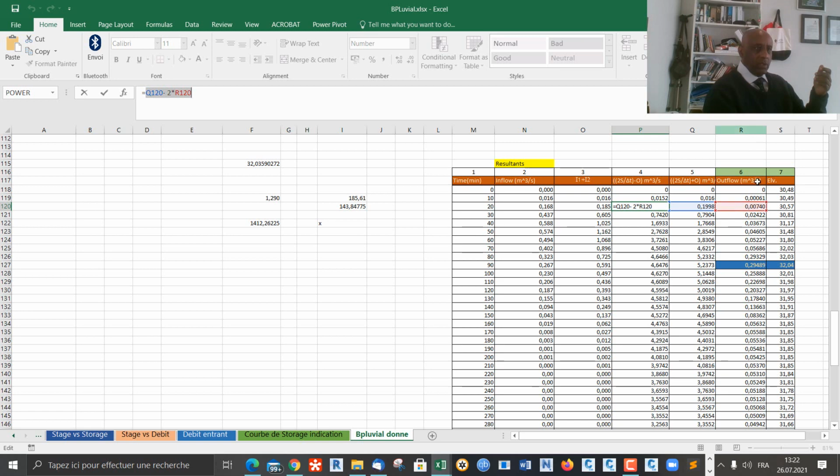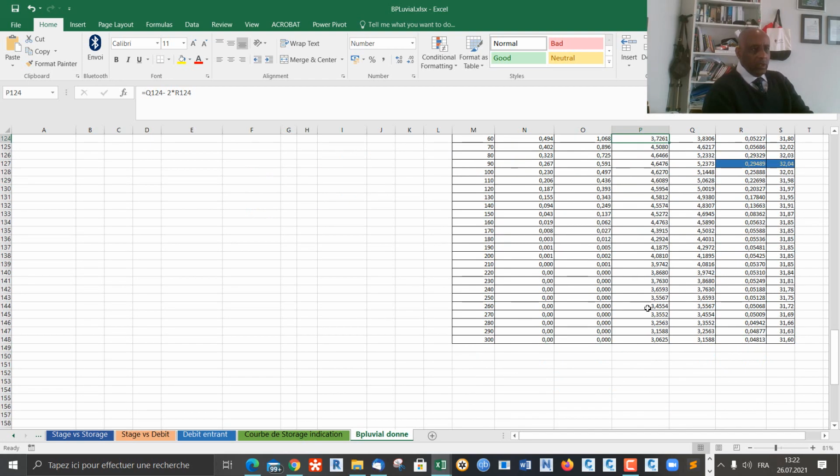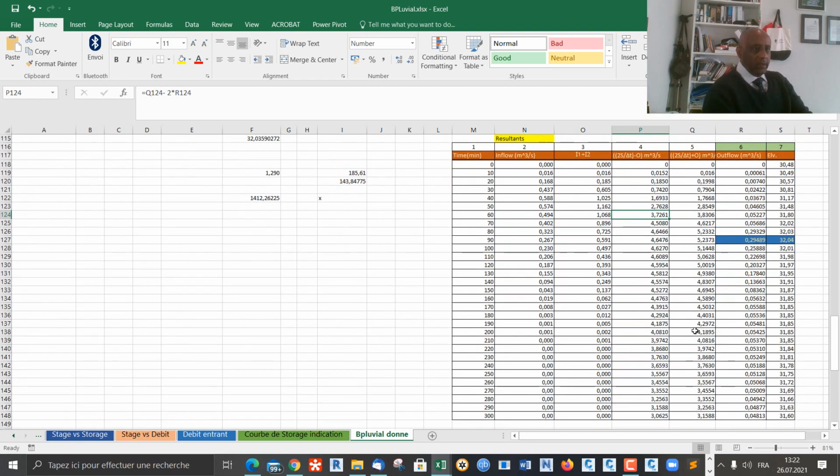This one is 120, and this one minus 2 times this one will give us this one. Similarly, the same thing. We continue until the end like that, and later we will find the complete outflow hydrograph.